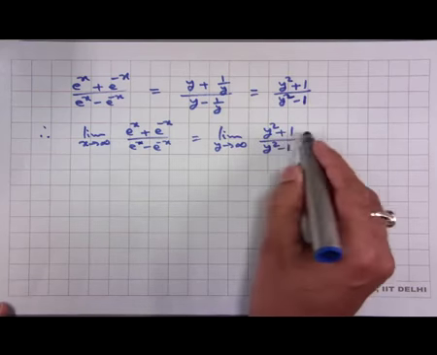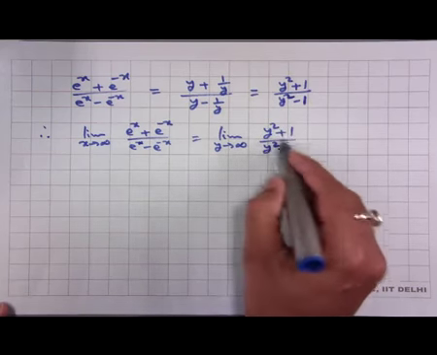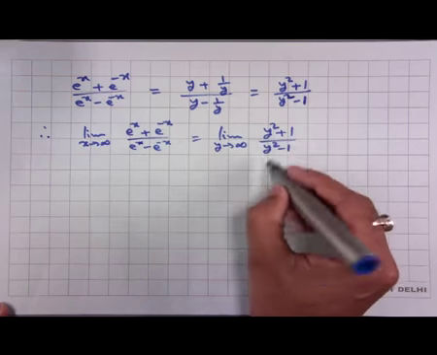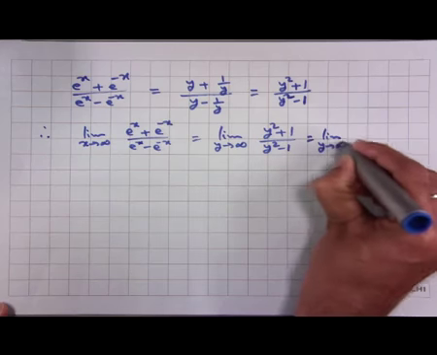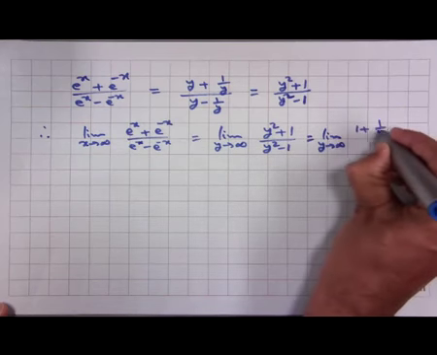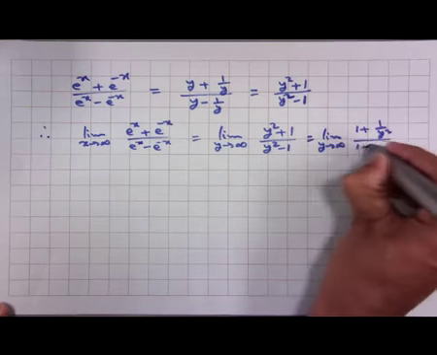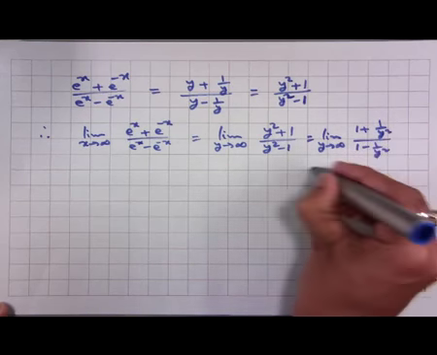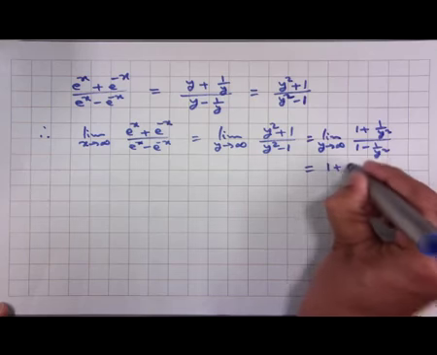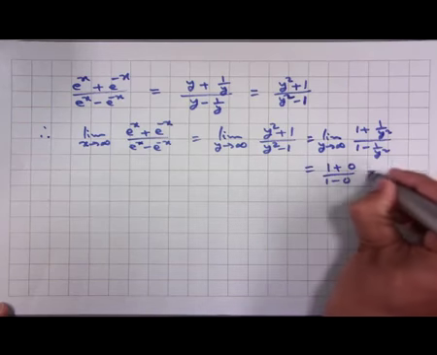We can divide the numerator and denominator by the highest power y square, which gives the limit of y going to infinity of 1 plus 1 by y square by 1 minus 1 by y square, and this becomes 1 plus 0 by 1 minus 0. So the limit is 1.